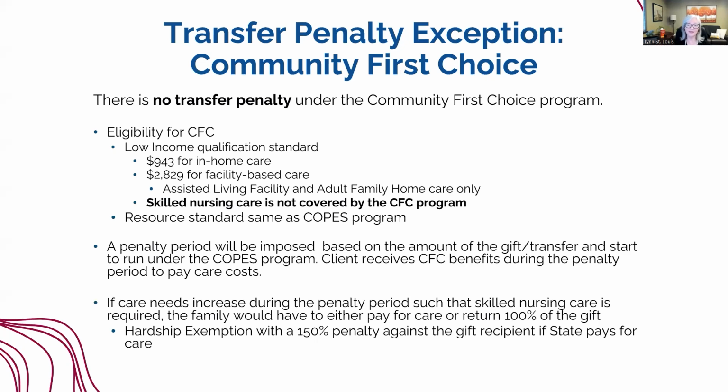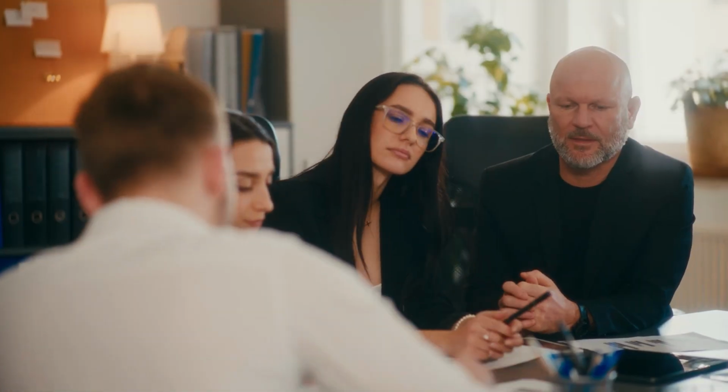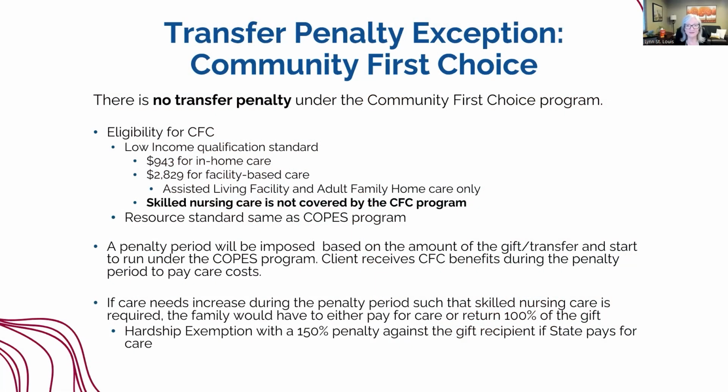And during the penalty period, there's no penalty for benefits being paid under the CFC program. There will be a penalty imposed for the COPES program. Okay, that's fine. You don't care because your assisted living or your adult family home, or if you're at home, your care is going to be paid for by the CFC program, even though you gave away assets.